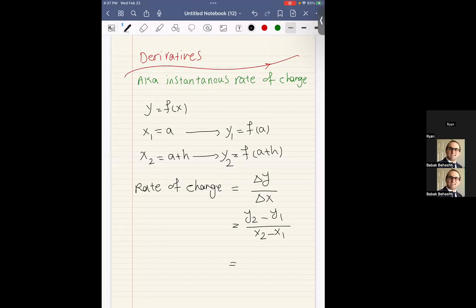Since we know y1 and y2, we can plug in the values. So this is f of a plus h minus f of a over, now what is delta x? x2 minus x1 is just h. So this quotient is called the rate of change of this function f at this interval from a to a plus h.